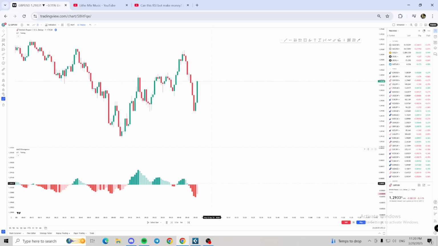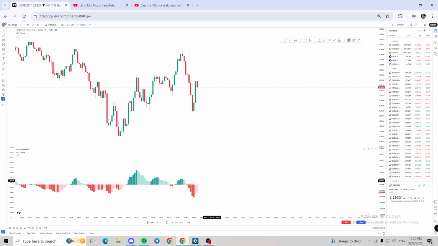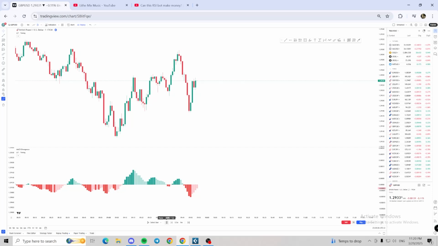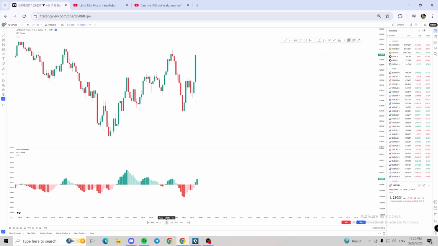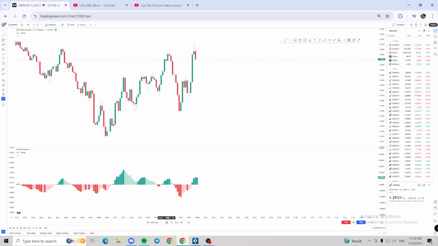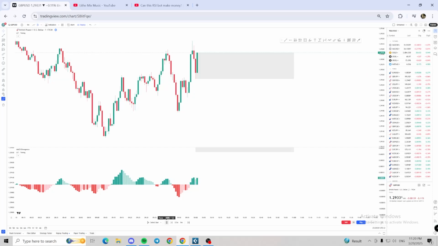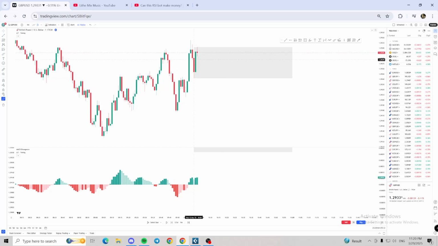I will wait for 10 o'clock, 10 a.m. Okay, so now we can see the gray box appears. This is the hour that we trade in, from 10 a.m. till 11 a.m. UTC +2 Riga time. So let's go.